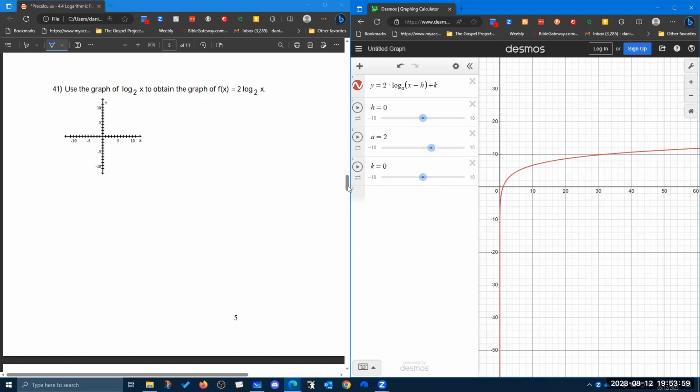Log base 2 of 1 is 0, 2 times 0 is 0, so there's a (1, 0). Log base 2 of 2 is 1, 1 times 2 is 2. Log base 2 of 4 is 2, 2 times 2 is 4. And we're going like this. There's an asymptote right here, and so on.